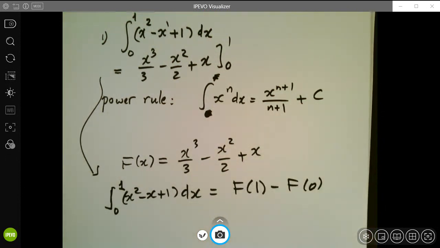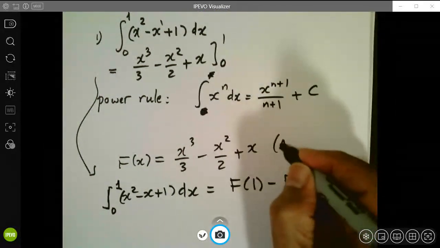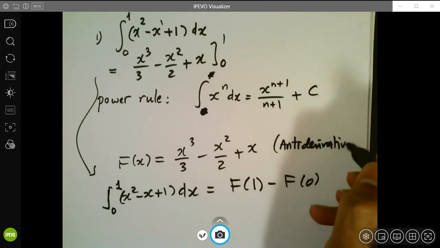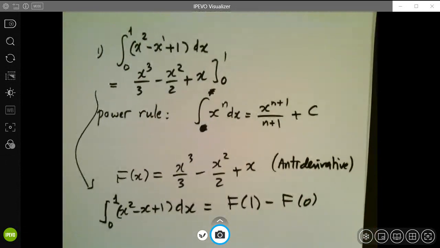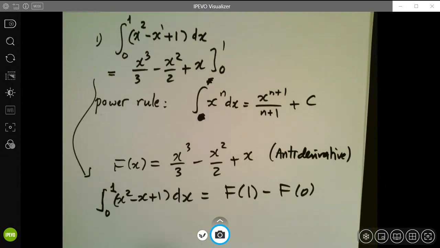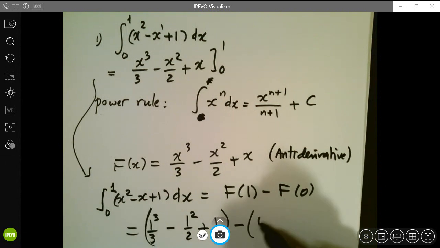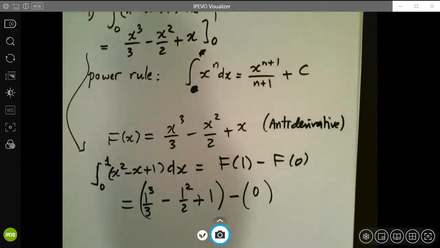It's just an antiderivative. Here I'm not looking for any surface area, I'm just computing for you. And F of 0 is 0. So then you can just compute this one.